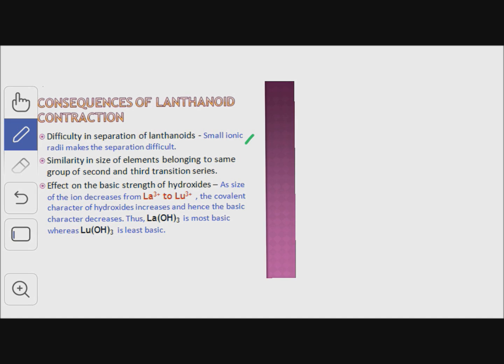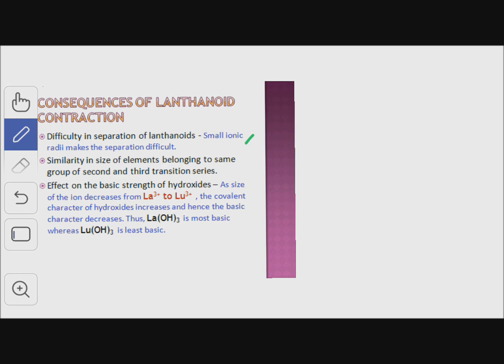When the ionic radii are reduced due to lanthanoid contraction, there is very small difference in the ionic radii of the lanthanoids. It means their chemical properties are almost similar, which makes the separation of lanthanoids in pure state difficult.